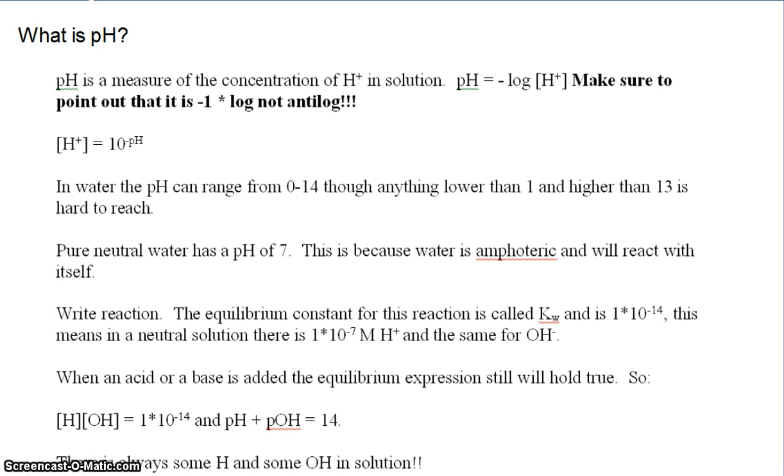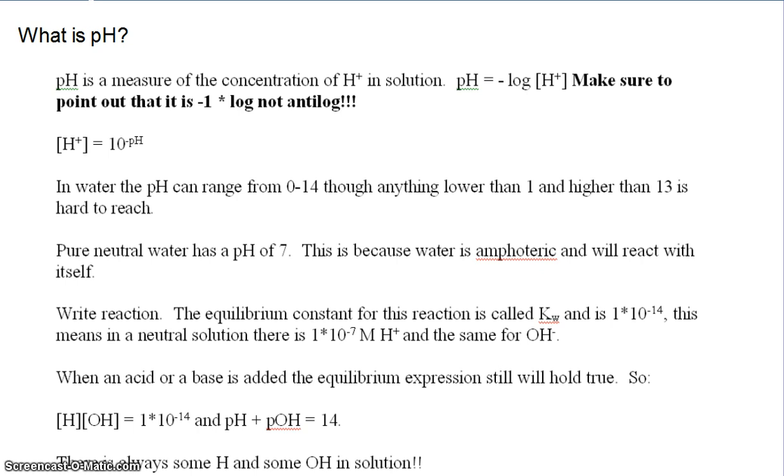In water, pH can be anywhere from 0 to 14. Anything lower than 7 is acid, anything higher than 7 is a base, and a pH of 7 is considered neutral. In water, your concentrations of H+ and OH-, because of water itself, break up.